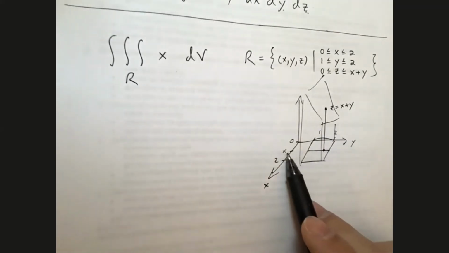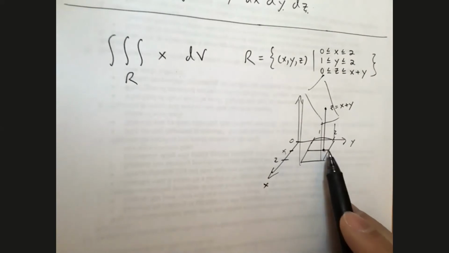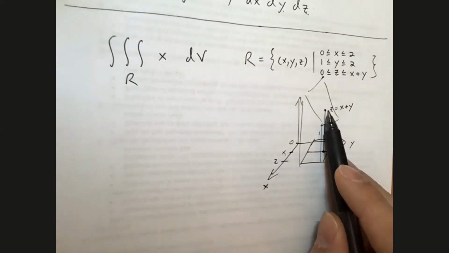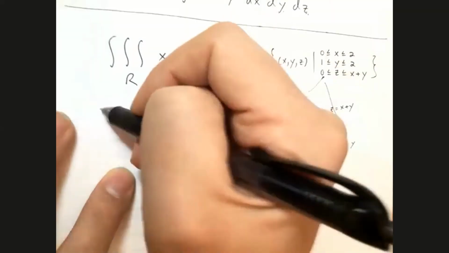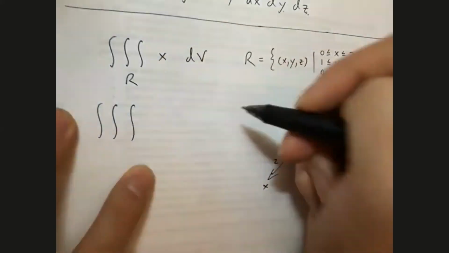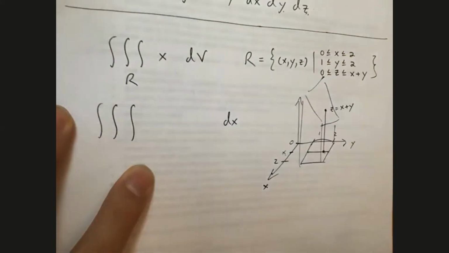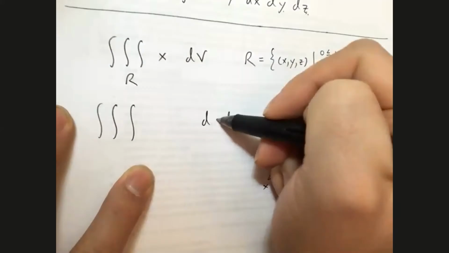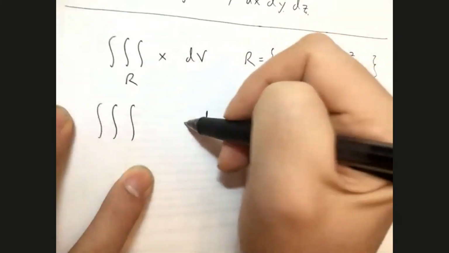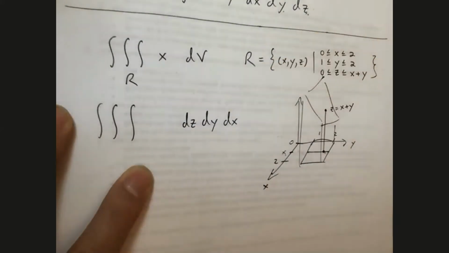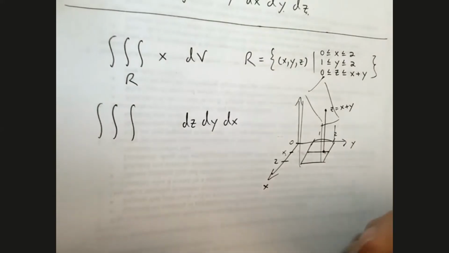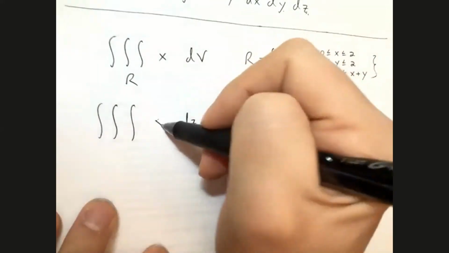All right. So for each fixed x, I did a y, and then for each x and y, I did the z. So when we're thinking about this integral, we're doing the x on the outside, and then the y, and then the z. You work your way outside in like this, okay?